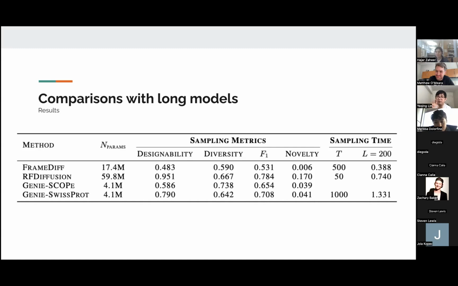The performance varies a little bit, but it's pretty much consistent. Something that is designable is pretty much designable across all those models. That's good to hear. But ultimately this depends on how much you believe in those structure prediction models.